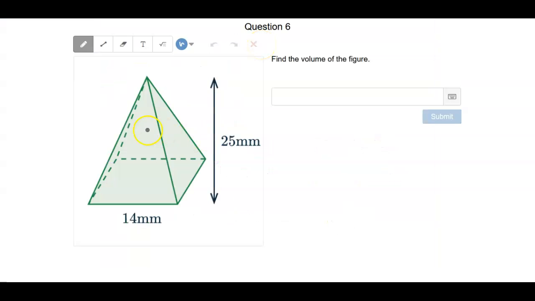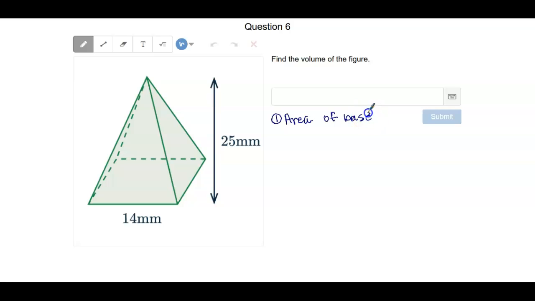All right, so first of all, let's look at how to find the volume of a pyramid. Again, the first step that we want to take is to find the area of the base. In order to do that, we have to figure out what shape the base is.